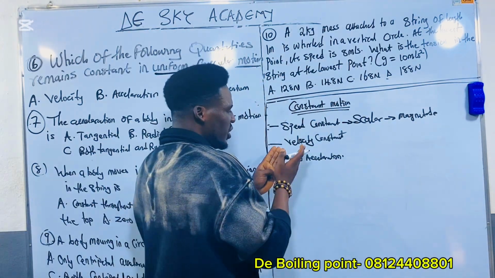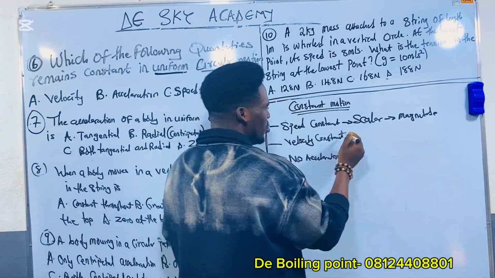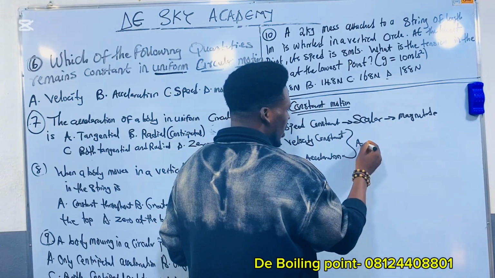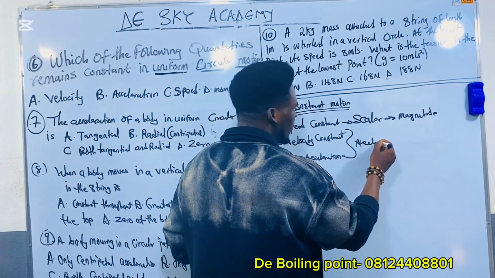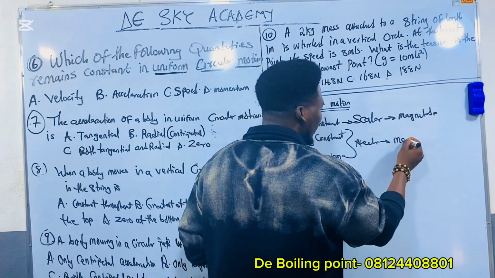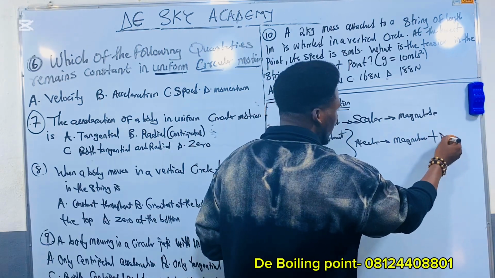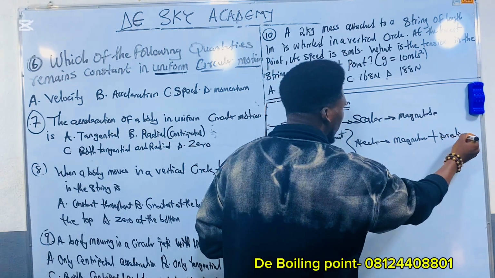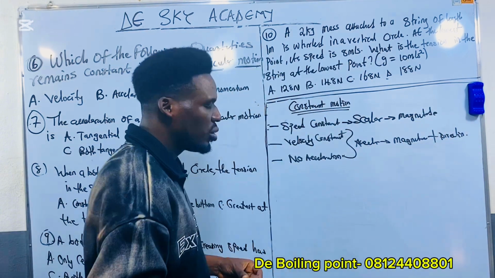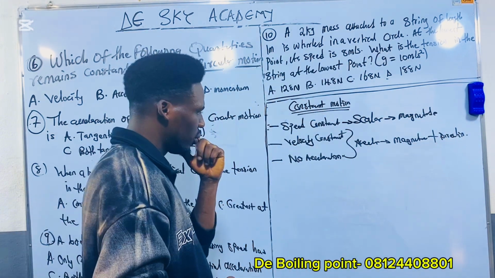But velocity and acceleration are both vector quantities, and they have magnitude and direction.